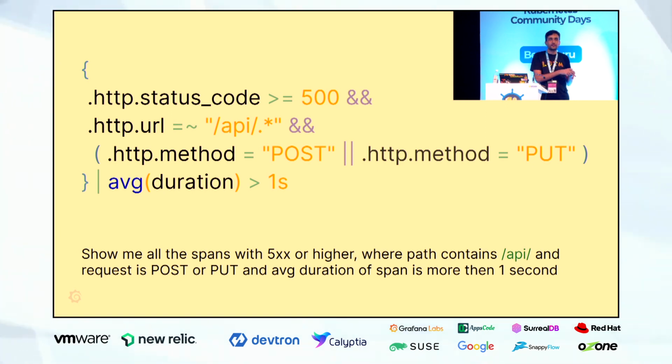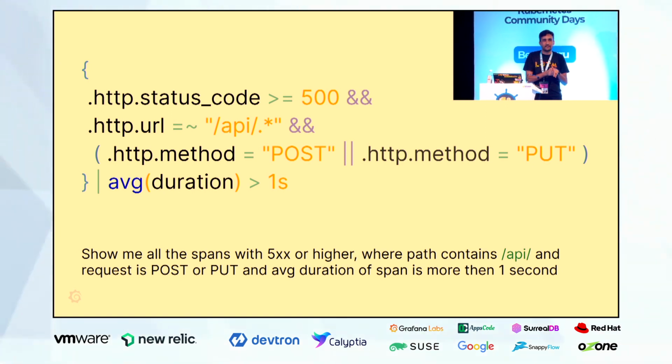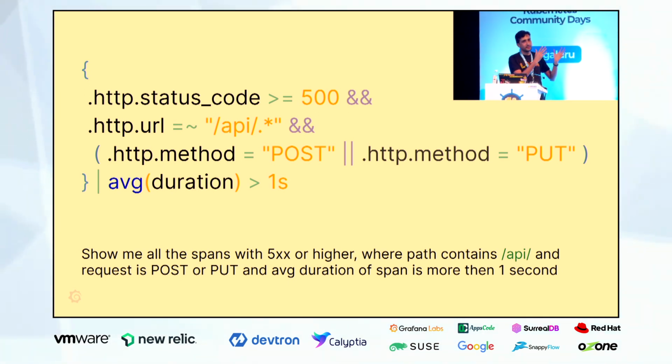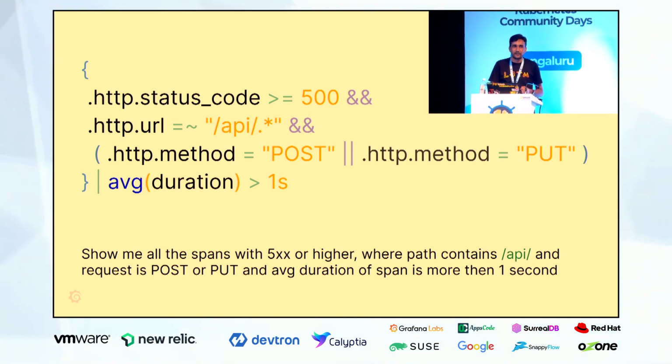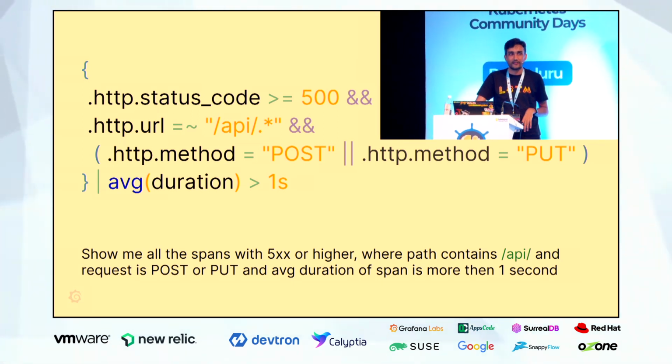And the average duration of these spans should be more than 1 second. So you are doing Boolean operations on these conditionals, getting the result, and then doing a time condition on it. And you're saying, I'm not interested in max or min, just give me the average more than 1 second, right? Which would have been a difficult question to write if we were using something like SQL here.